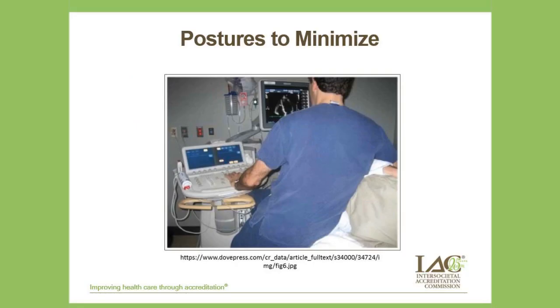So you don't want to look like this when you're scanning, I guess is my point. This is a right-handed scanner. His arms look pretty long, and the patient doesn't look really big, so I don't think he's having to stretch too much. But boy, is he leaned over, and he's got that keyboard way, way over to the left, while the monitor is way, way over to the right. And you can see that that would really cause some bending and twisting and just awkward posture.